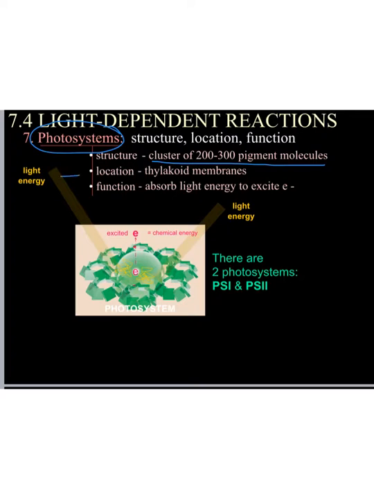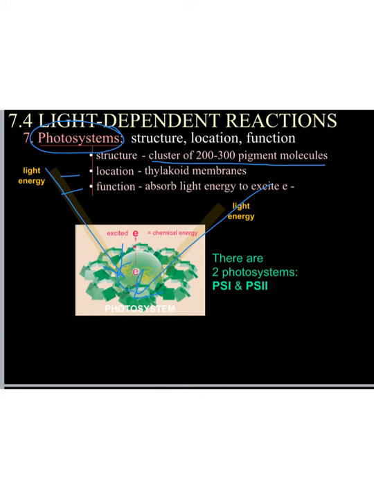Again, these photosystems are located in the thylakoid membranes because that's where the light-dependent reactions happen. Their job is to absorb light energy in order to excite an electron. The light energy is going to come in from the sun, and we're going to absorb that light energy by the pigments that make up these photosystems.